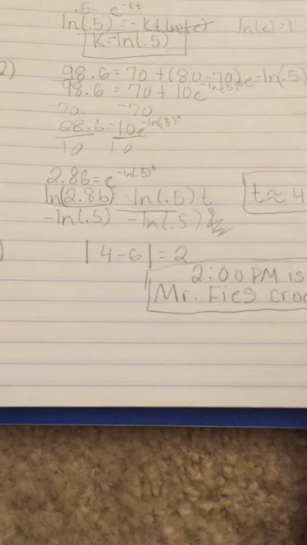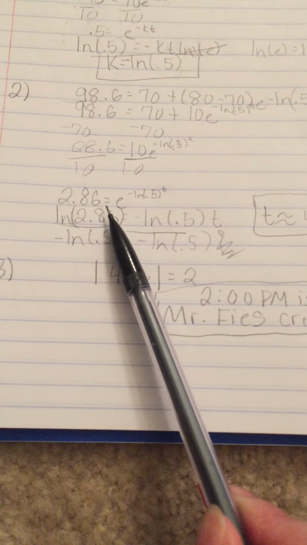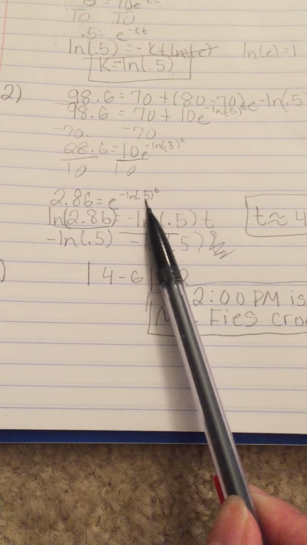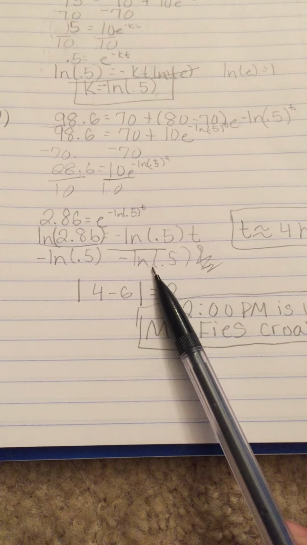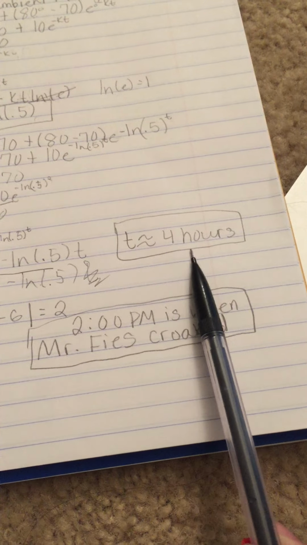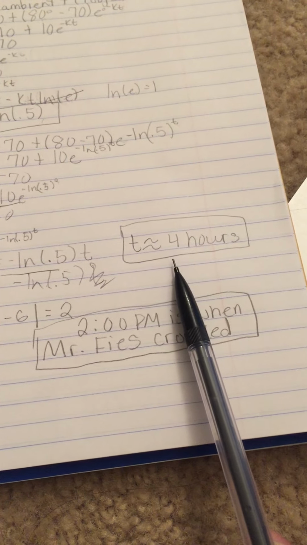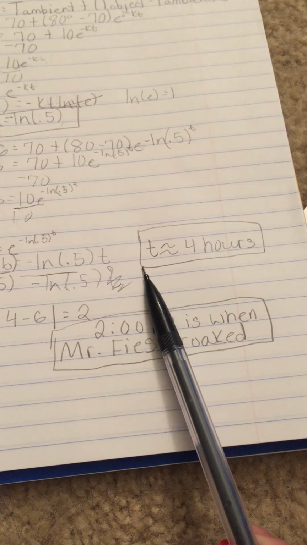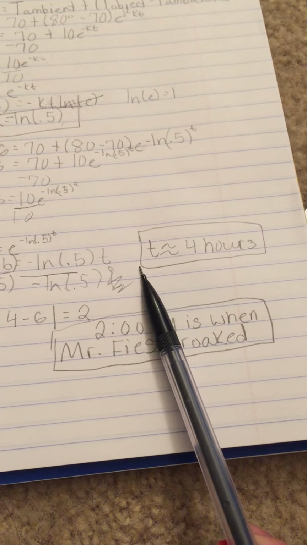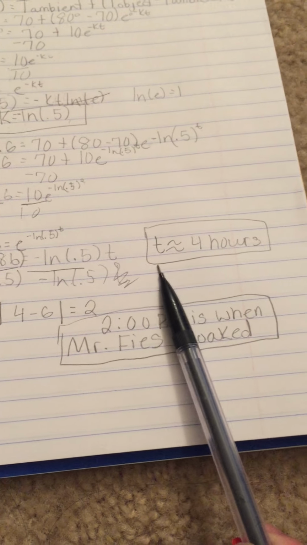And afterwards, we're going to get 2.86 equals e to the negative ln of 0.5 t. After that, we're going to divide by negative ln of 0.5 on both sides. We're going to get a t value which approximates to about 4 hours. So we are going to say that the time from death to the time of discovery is approximately 4 hours.